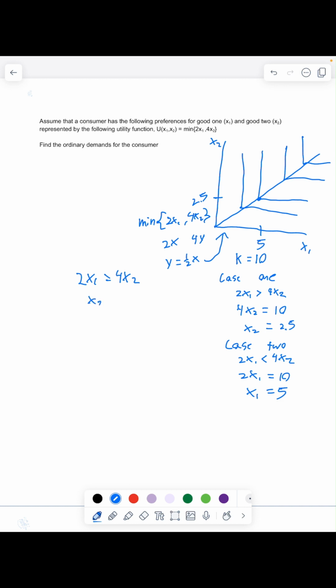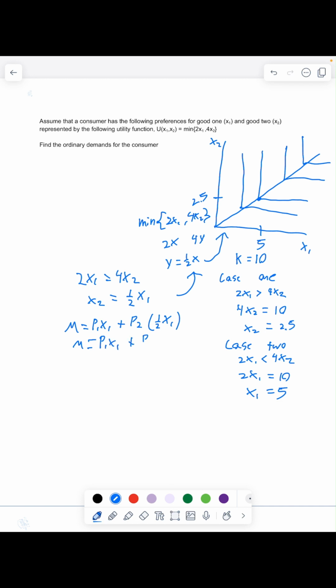And then x2 is going to equal 1/2 of x1, which is also consistent with this equation here. Then we can plug this into our budget equation, p1x1 plus p2x2, but we're going to simplify with the new x2 value we have, which is 1/2 of x1.